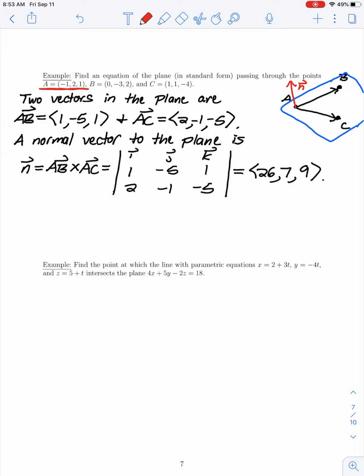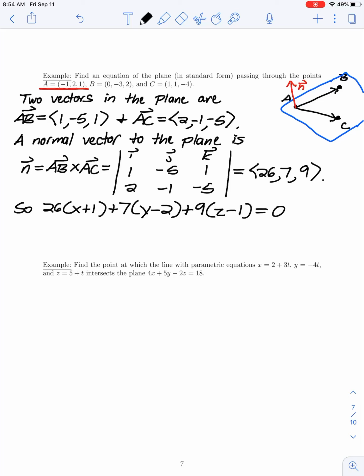So here I'm just going to work with the first one, point A. So using the formula for the equation of a plane which we derived, we would have the first component of our normal vector, 26, times x minus the first coordinate of the point A, which was -1, so we'll have x plus 1, plus 7, the second component of our normal vector, times y minus the y component of the point A, which was 2, plus the third component of the normal vector, which was 9, times z minus the z coordinate for the point A, which was 1, and this must be 0.